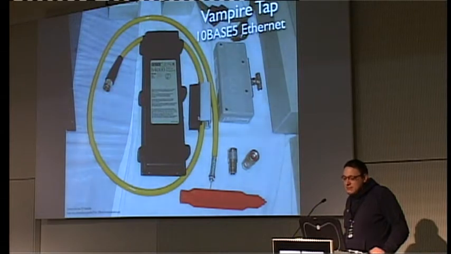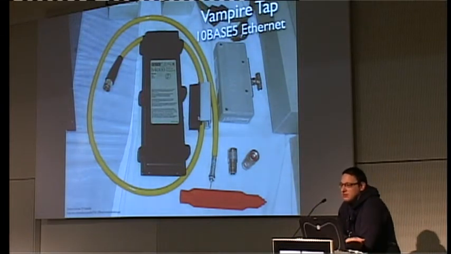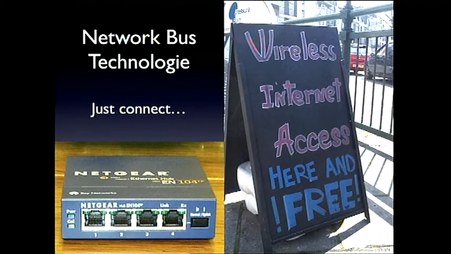So everything on the cable was on every computer. Later on, we had some more bus technology like hubs. Probably you might remember this. You can listen to every connection or everything on the network. And furthermore, wireless internet.